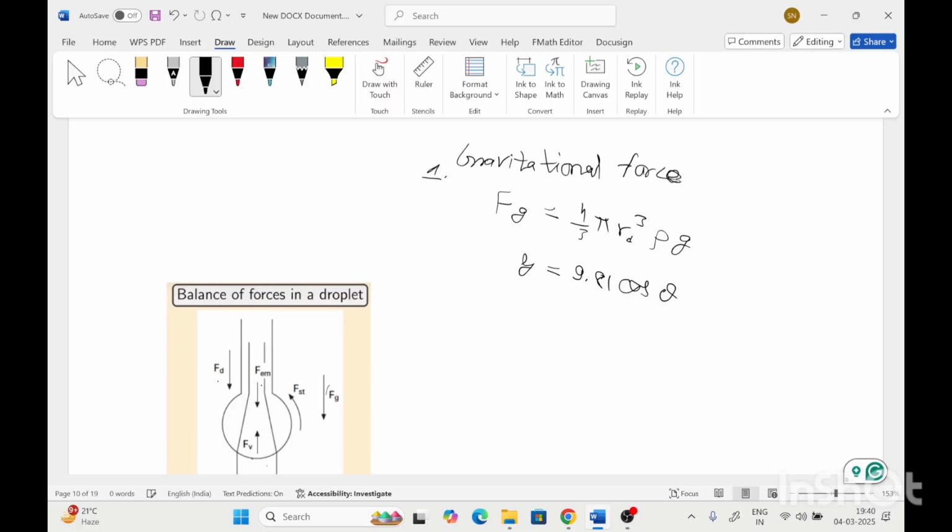This means the gravitational force will also be determined by the position of the electrode with the workpiece.